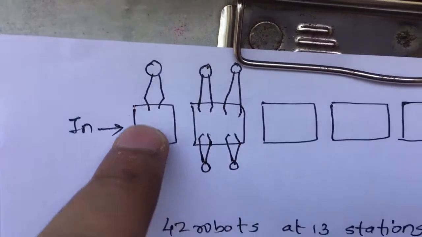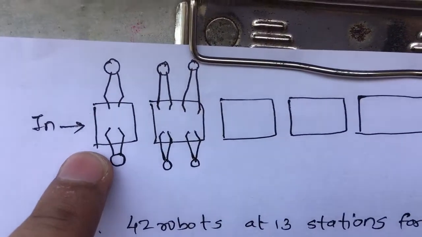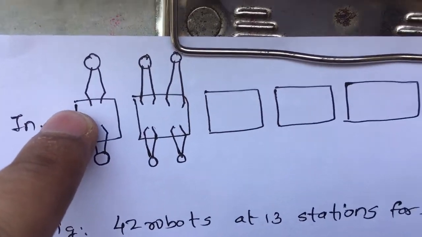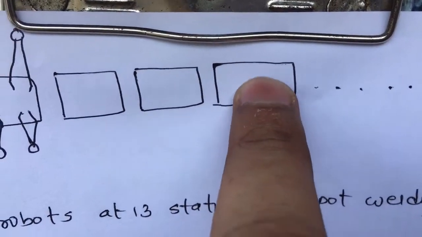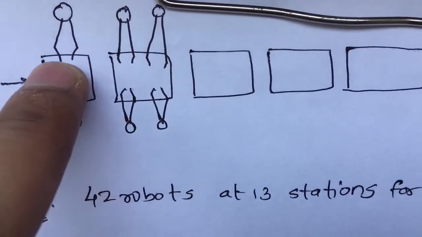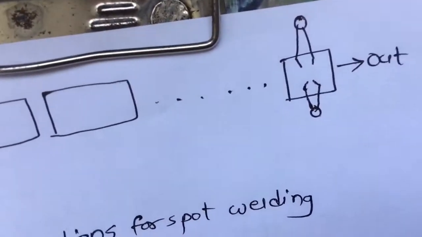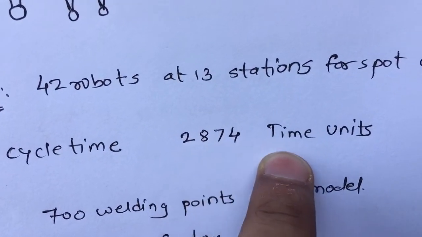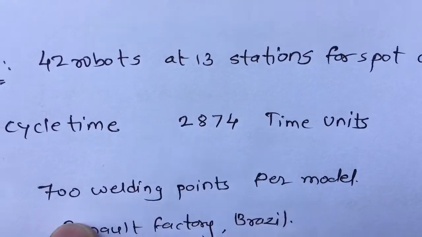Now you will find that this is station number 1, station number 2 and so on. The number of robots at a typical station ranges from 2 up to 6. These are the robots. This is robot number 1, robot number 2, and these are the spot welding guns and so on. The cycle time here is 2874 time units, TU. It may be around 3000 seconds or like that.